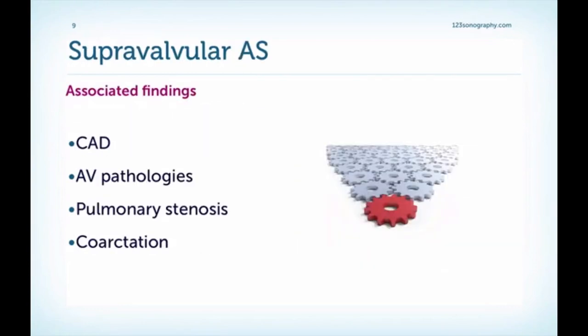In supravalvular aortic stenosis, other associated findings can be anomalies of the coronary arteries, or other aortic valve pathologies such as bicuspid aortic valve, or pulmonary stenosis, or even coarctation. So we have to examine these patients very meticulously to look for other congenital anomalies accompanying the membranous forms of aortic stenosis.